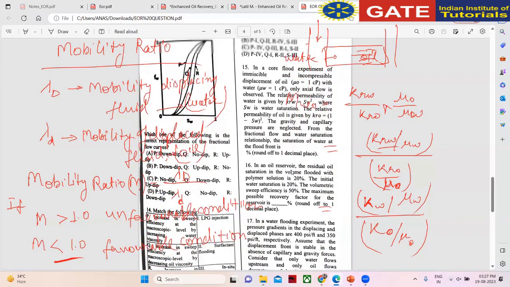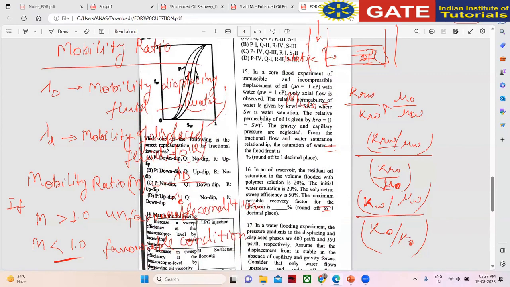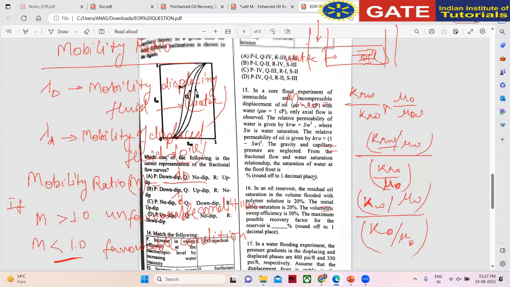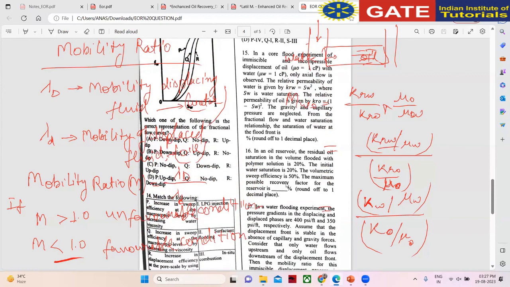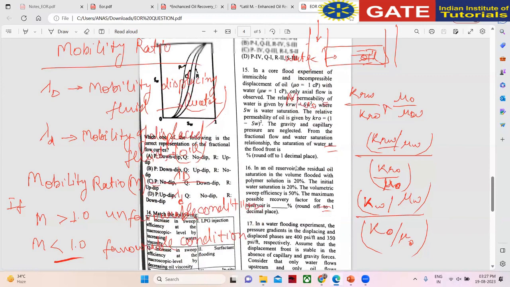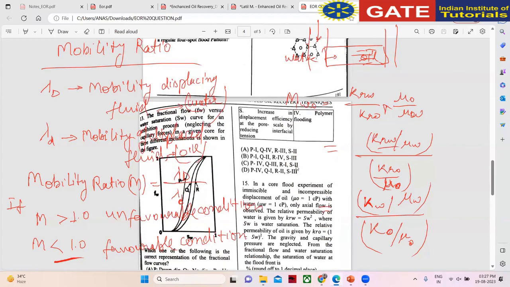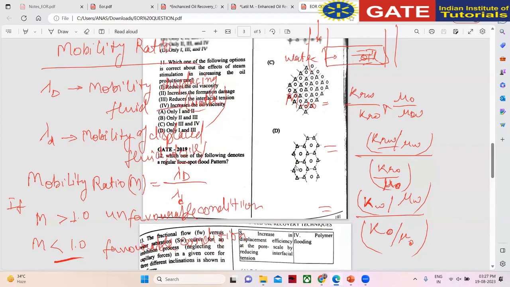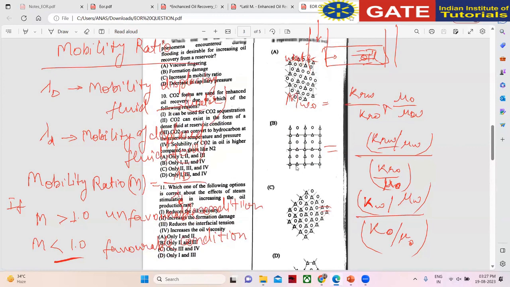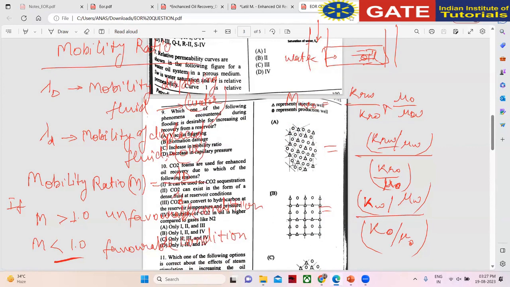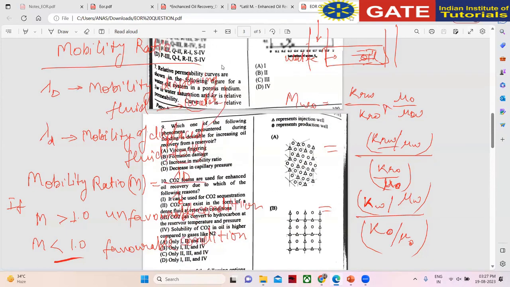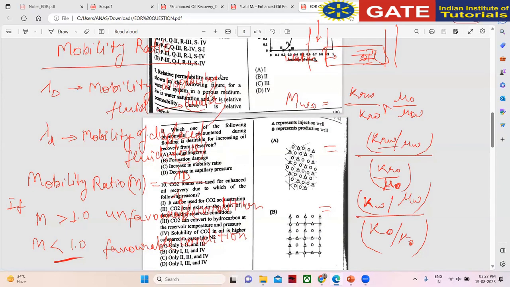Where is the question? Hmm. Sir, we can write SOR, yes, 1 minus SW.